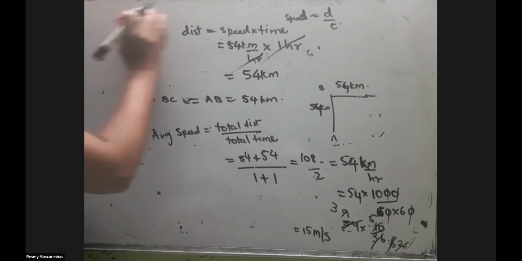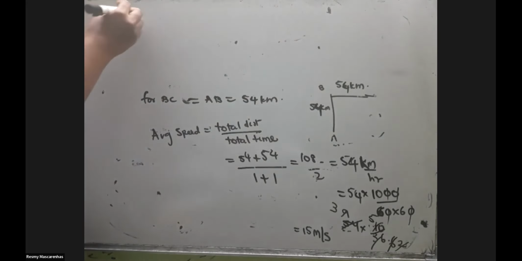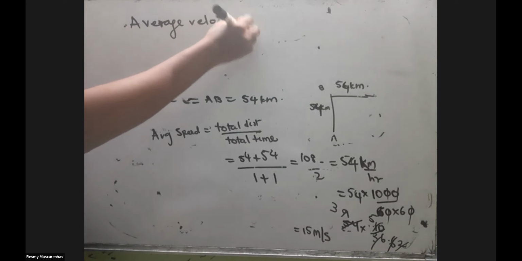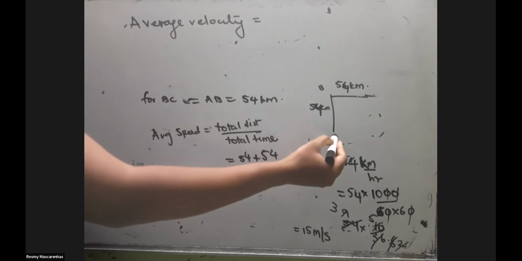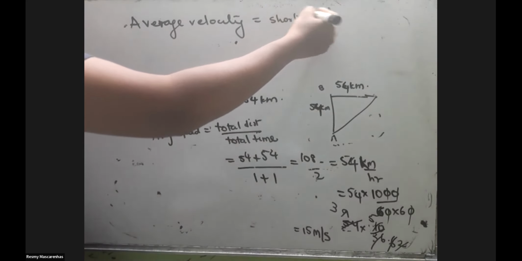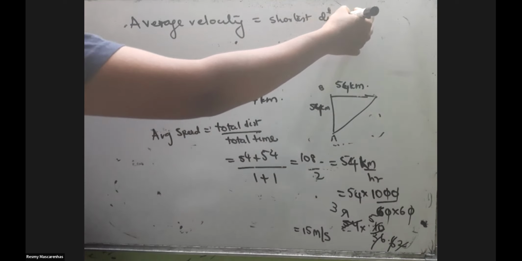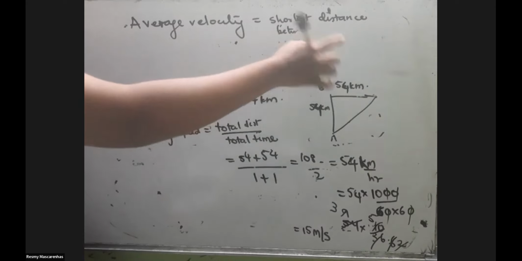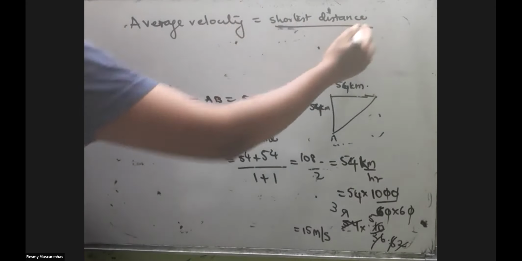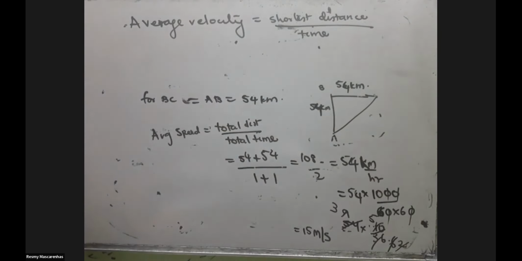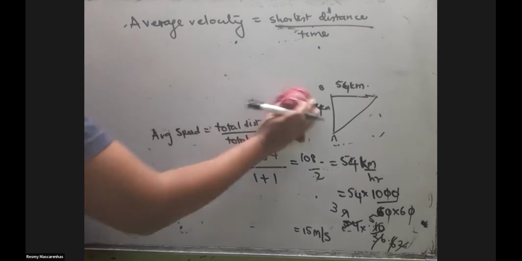Now for velocity, it is the shortest distance between initial point and final point upon time. From A to B. Now calculate the shortest distance.